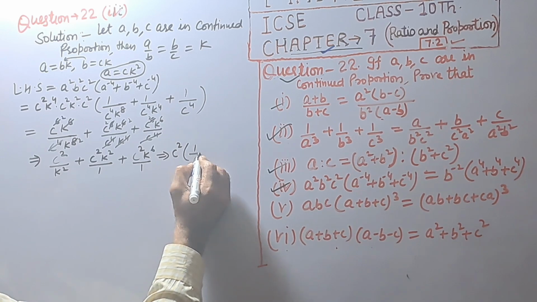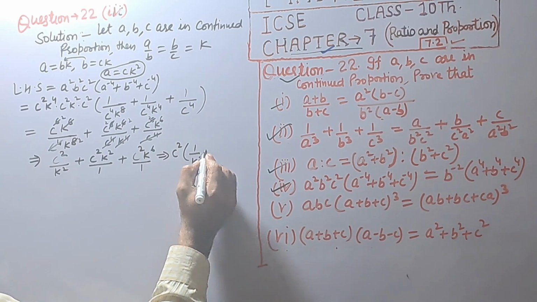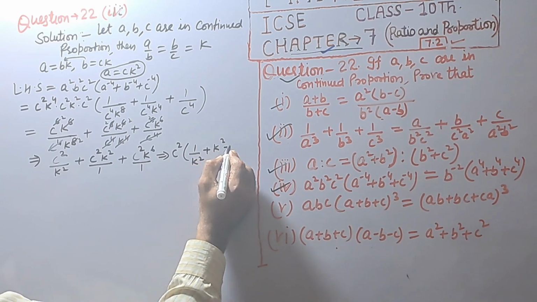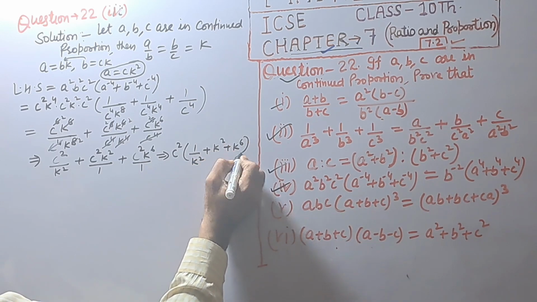In bracket 1 upon k raised to power 2 plus k raised to power 2 plus k raised to power 6.